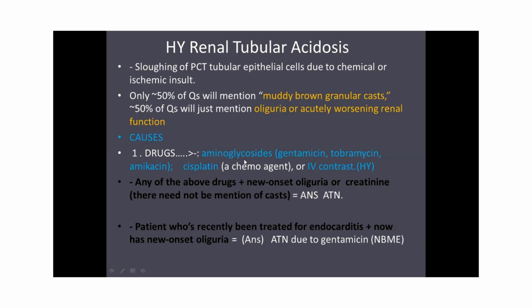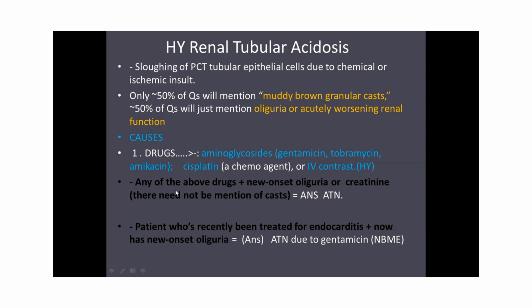Whenever the drug is an aminoglycoside, without confusing it with interstitial nephritis or papillary necrosis, always go for tubular necrosis, because aminoglycoside is specific for it. Gentamicin, tobramycin, amikacin, cisplatin, or IV contrast. These are very high-yield drugs.